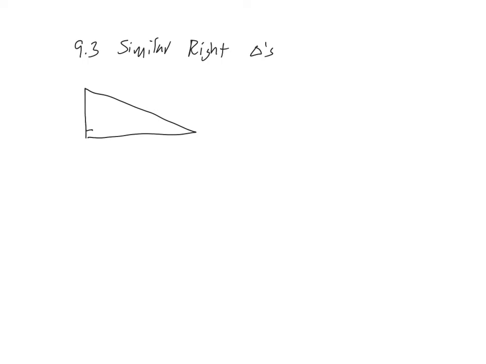So if we had a right triangle here, and then a right triangle there, and because it's a line, it would be a right triangle on that side also. There are 3 triangles in this picture, and they are all similar.